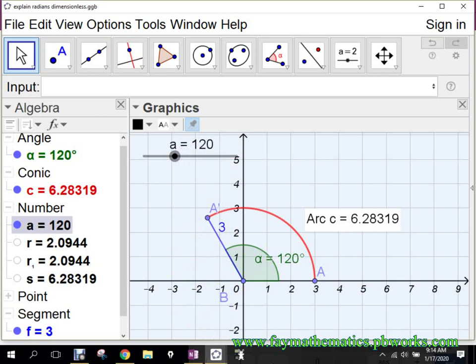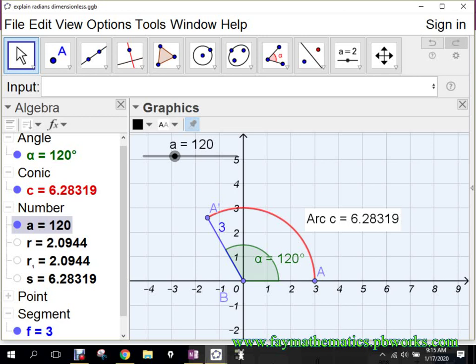Therefore, they're dimensionless. They cancel out. But I don't want to just say 2.0944. I want you to know what that 2.0944 represents. So that's why we attach the letters RAD to that 2.0944.